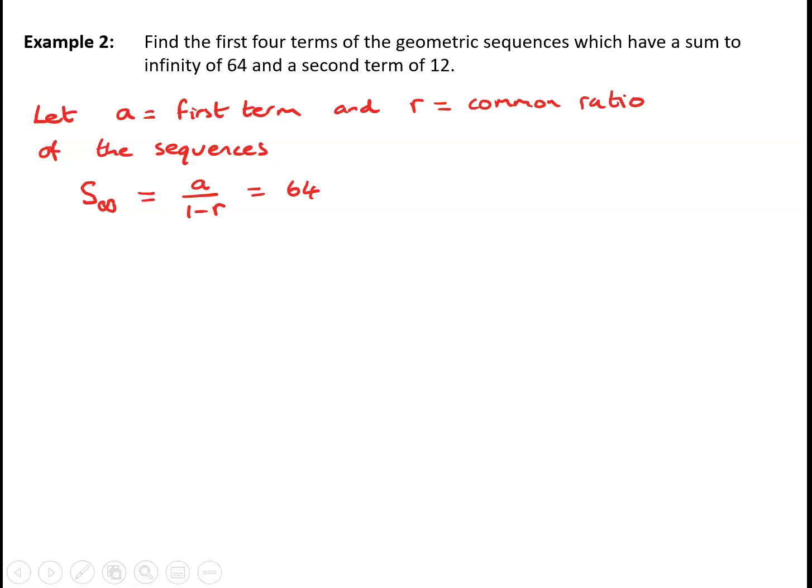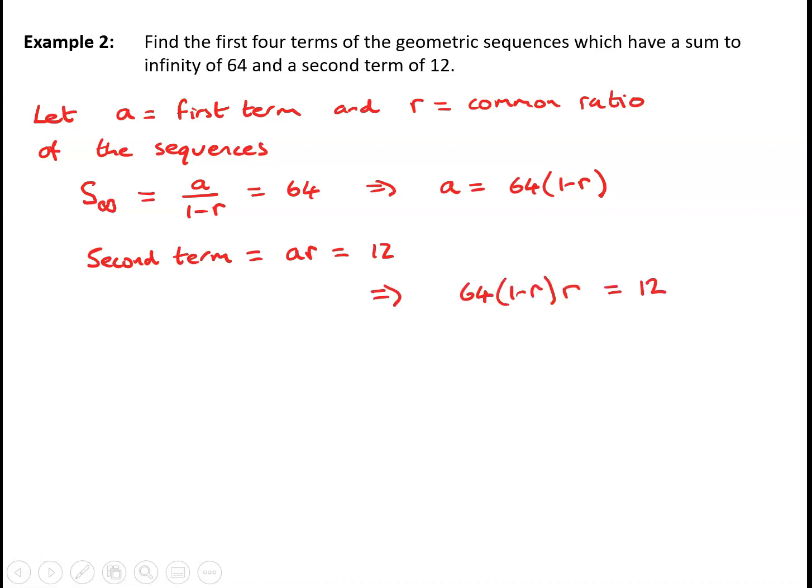In other words, a is equal to 64 times 1 minus r. I'm also told that the second term of the geometric sequence is 12. So that tells me that a times r must equal 12. Substituting for a gives me 64 times 1 minus r, that's a, multiplied by r must equal 12.